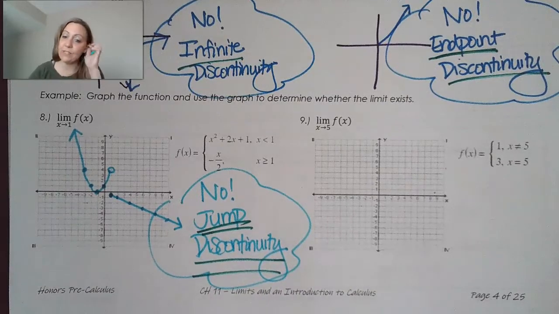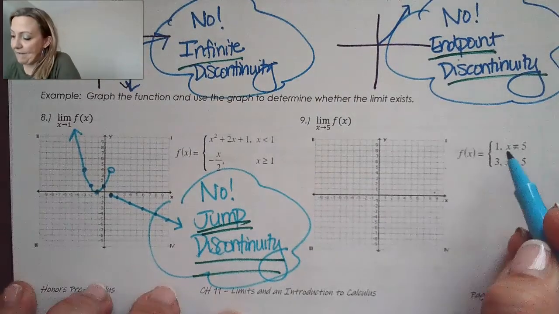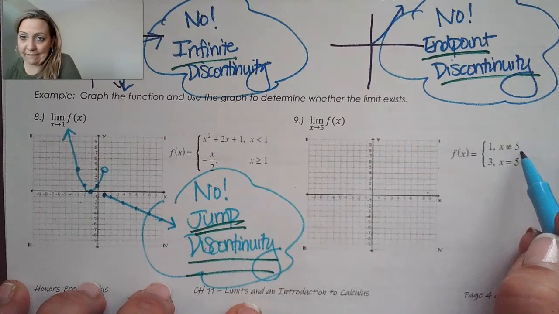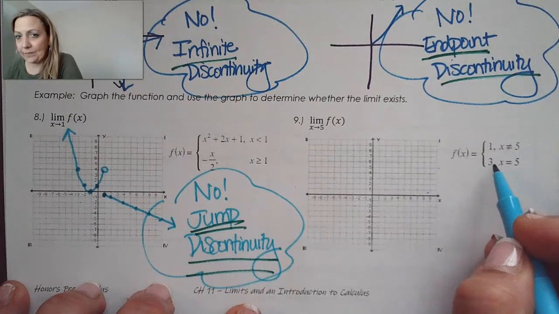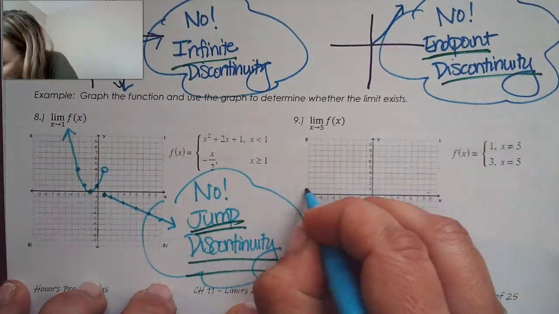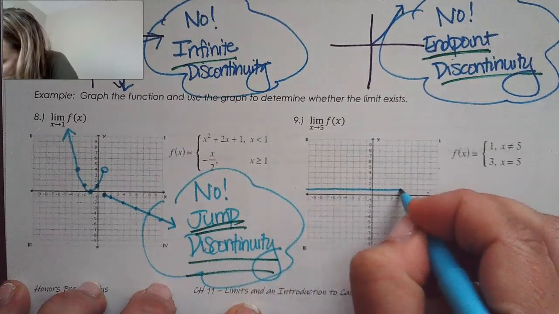Now, what about this next one? The limit as x goes to 5 of f of x. And here it says that f of x equals 1 when x does not equal 5. But when x does equal 5, it's at 3. So f of x is always 1 unless x is 5.